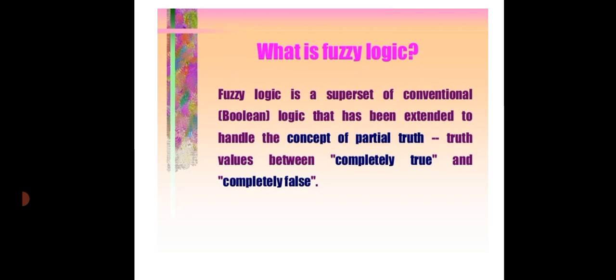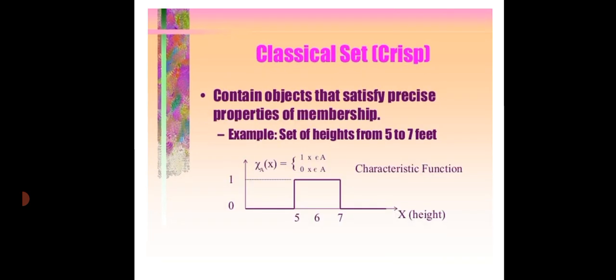So fuzzy logic is a superset of conventional logic that has been extended to handle the concept of partial truth, values between completely true and completely false. We know that a classical set is always perfectly accurate. For example, it contains objects that satisfy a precise property of membership.